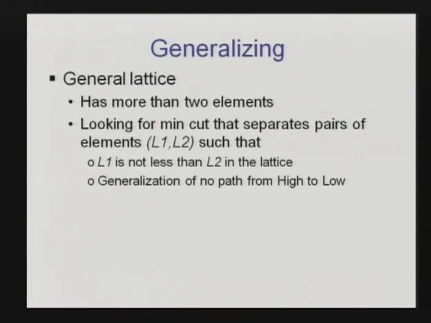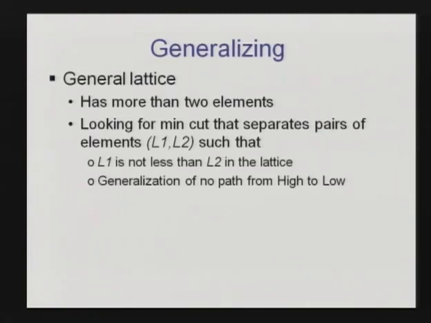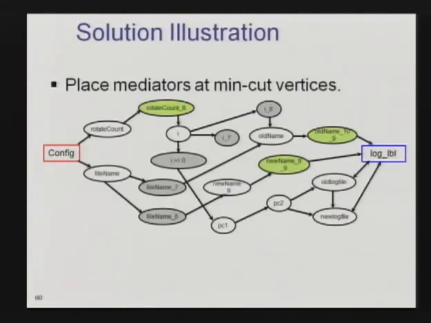In the case of high and low, it was just those two, but in a general lattice, you essentially have to separate out any incomparable things. The basic idea is the same: here there were 2 things you want to separate, and in a general lattice, there'll be more than 2 things you want to separate.